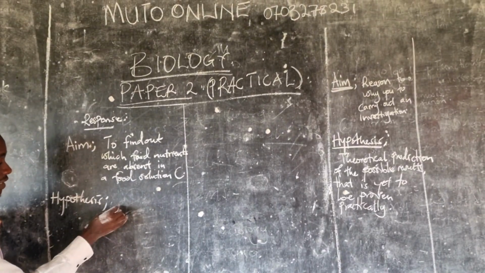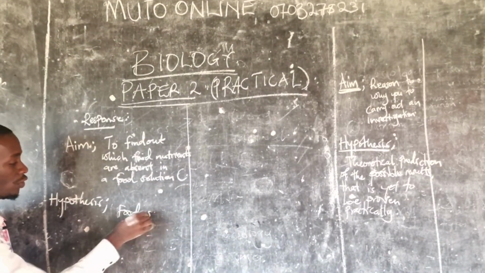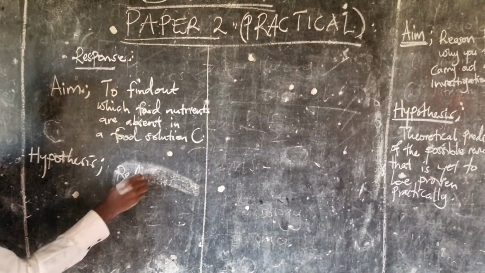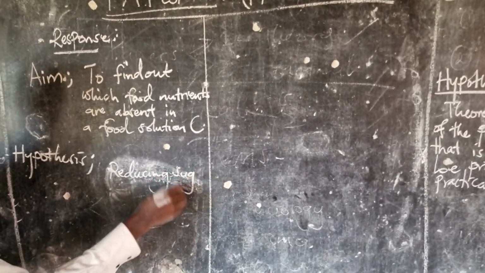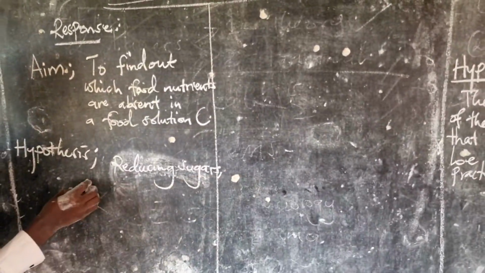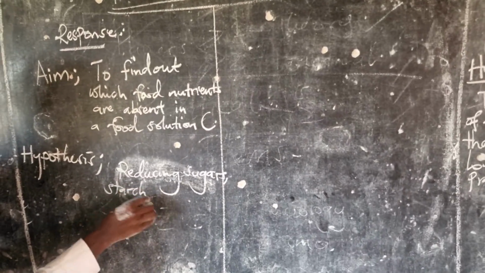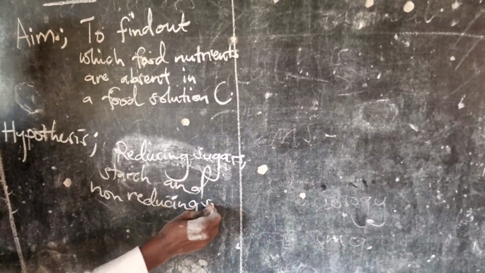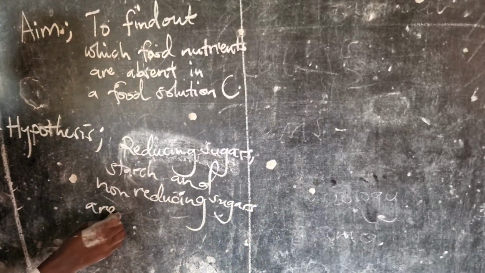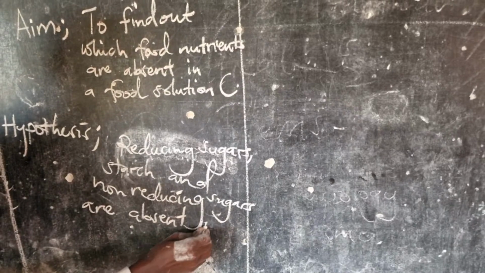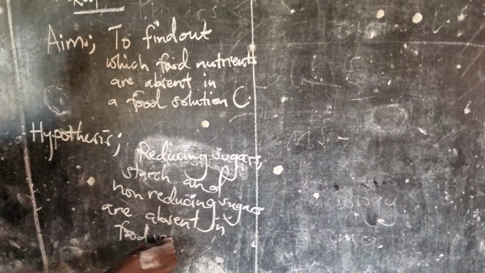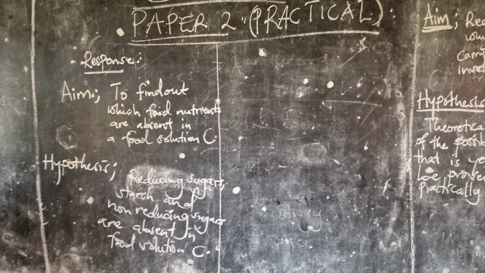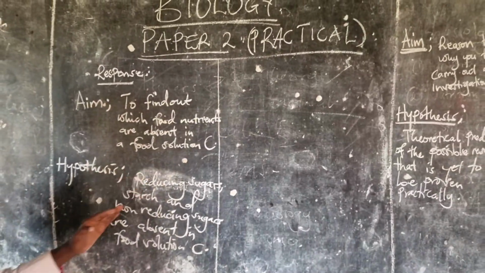They may say, for example, reducing sugars, starch, and non-reducing sugars are absent in food solution C. So a hypothesis may be a null hypothesis or a true hypothesis.